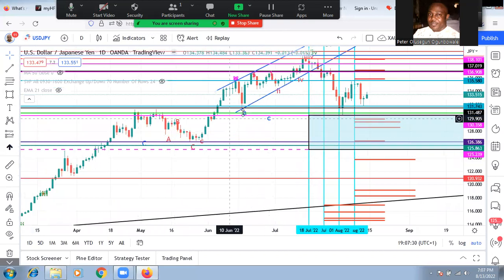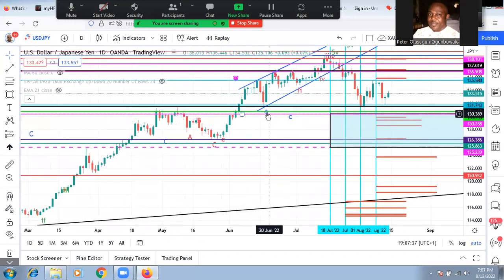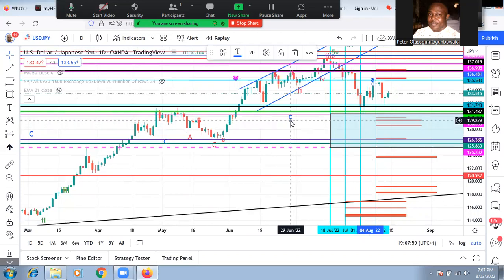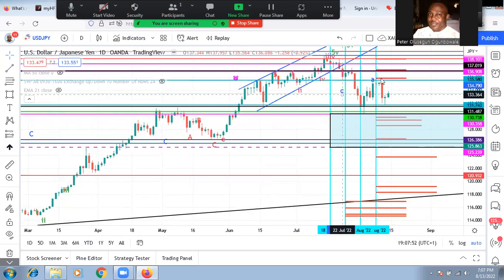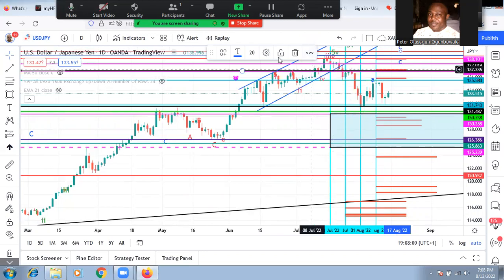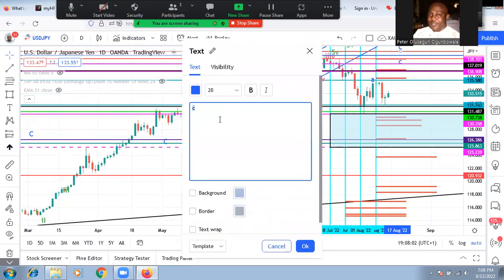So what to do here now is to take this for our A, and we are going to see our C around this area. And so our B is this. Our B is this.